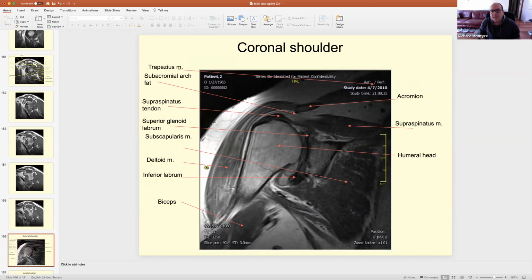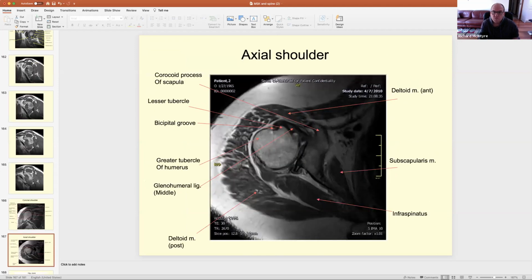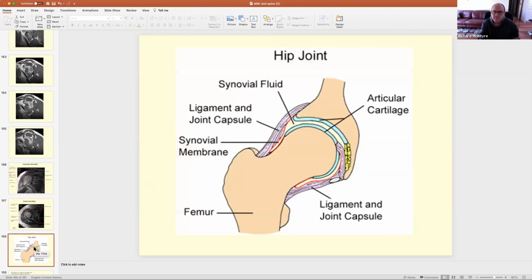Okay, so again, another slide. Axial shoulder. And then just as a side, we have the hip joint.